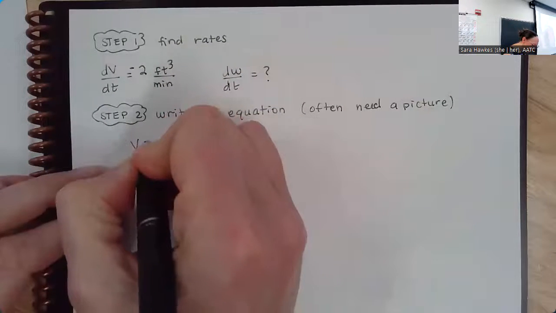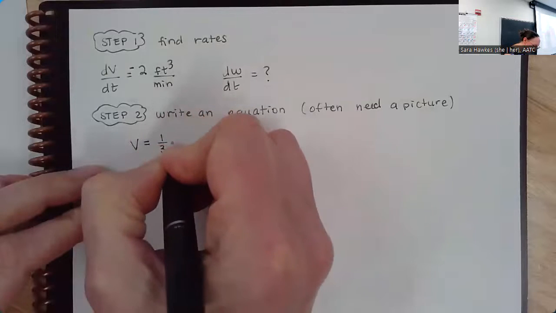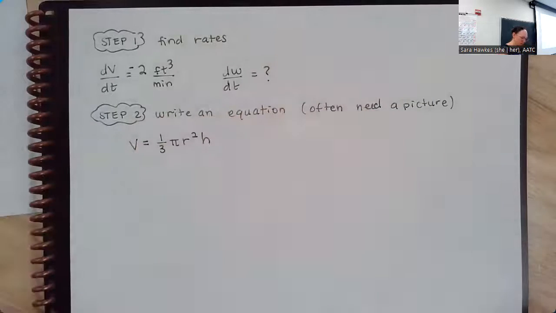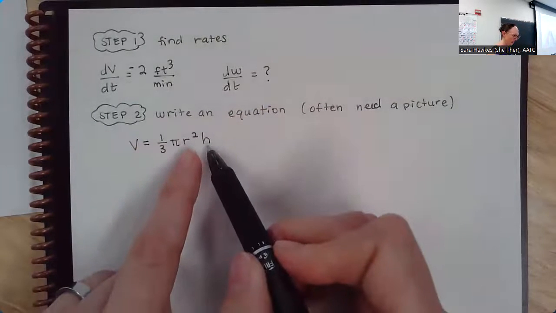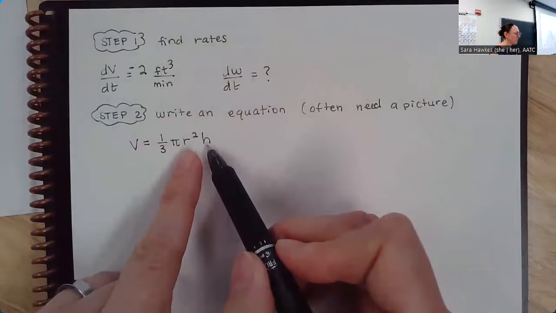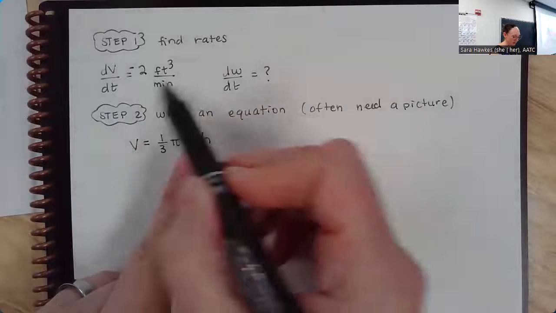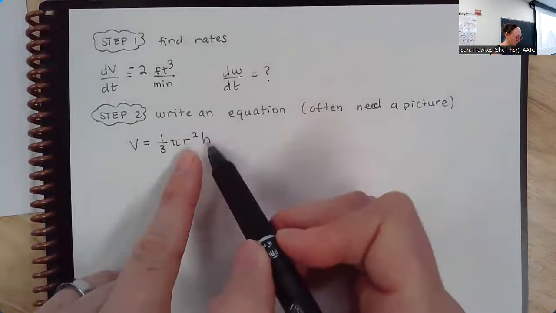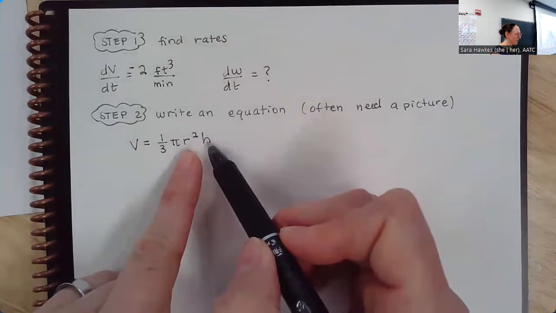There's just one problem with the equation I gave us. It has an R and an H in it. And I don't know anything about rates for R and H. And it doesn't have a W, and that's what I was looking for in the first place. So I'm going to need a picture.